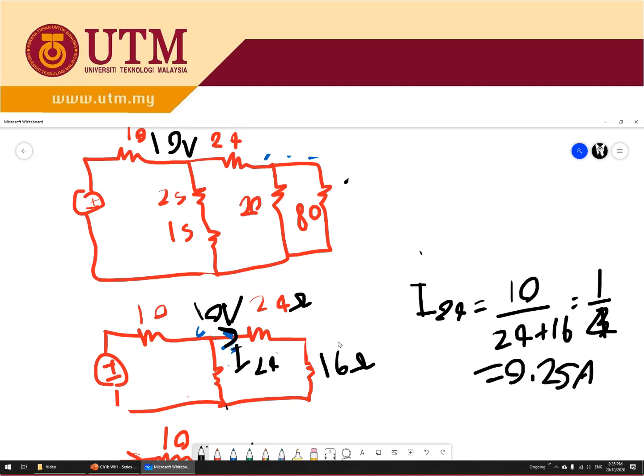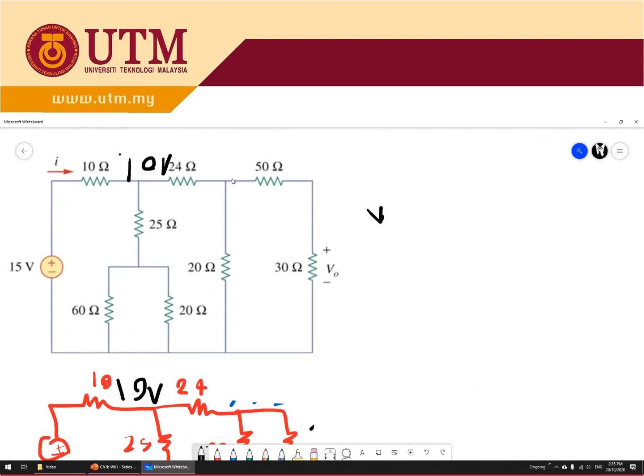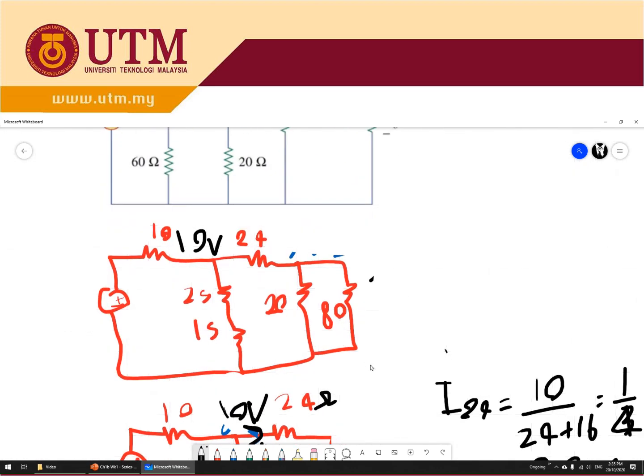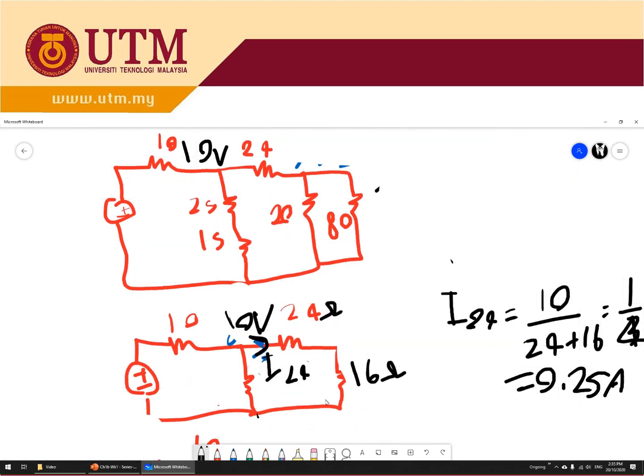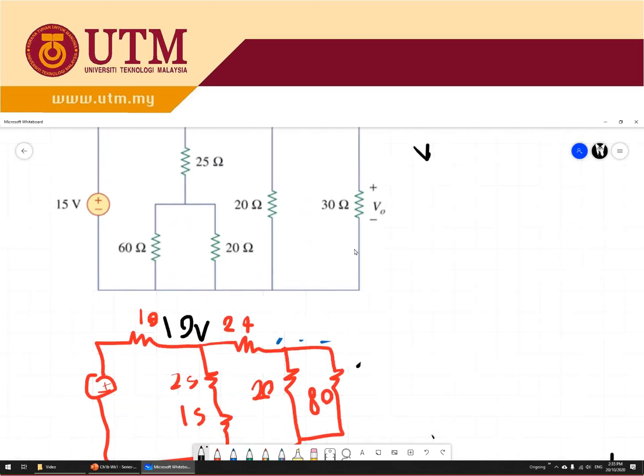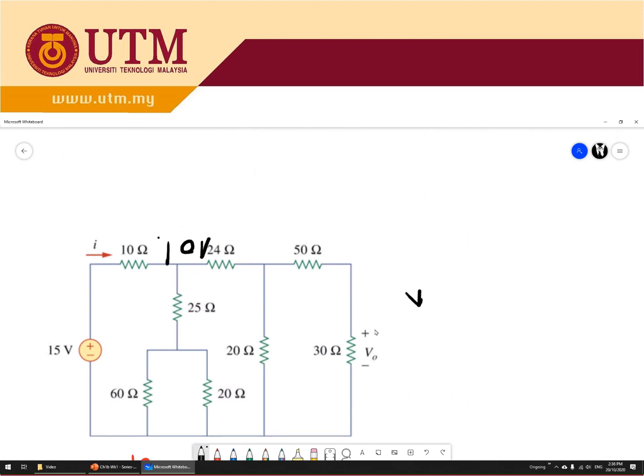So the current here is 0.25. Now if you look here, this one is 0.25. You want to find the voltage here because this point represents here.